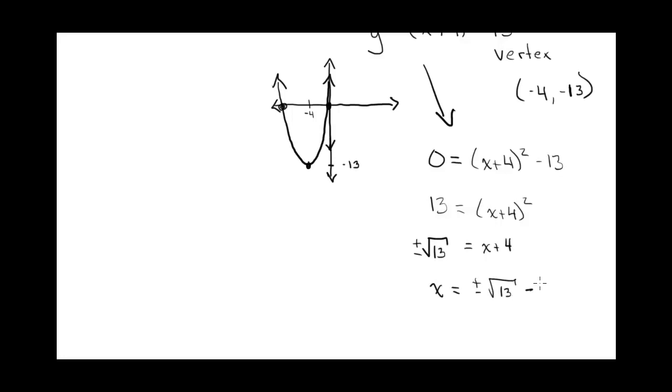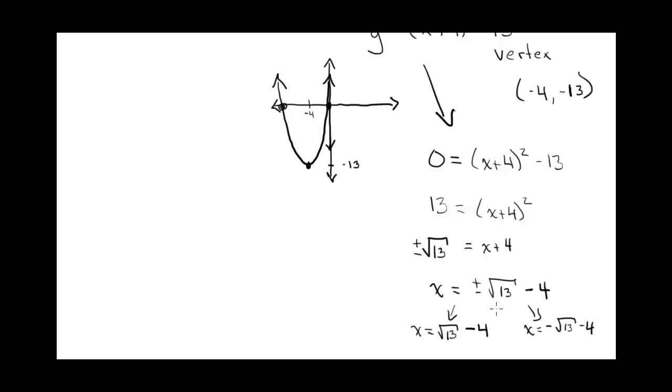Just going to flip things around here. So the x-intercepts would be root 13 minus 4 and negative root 13 minus 4.